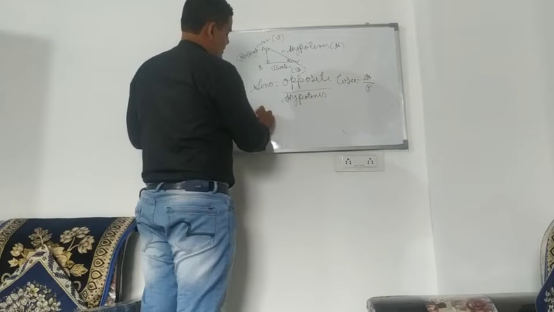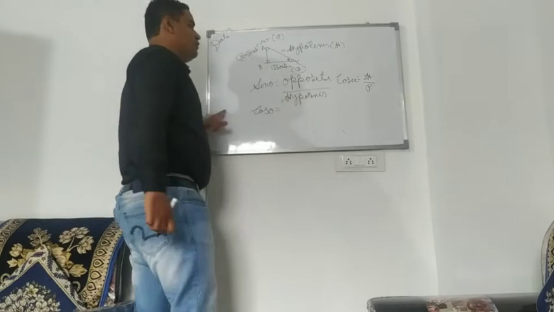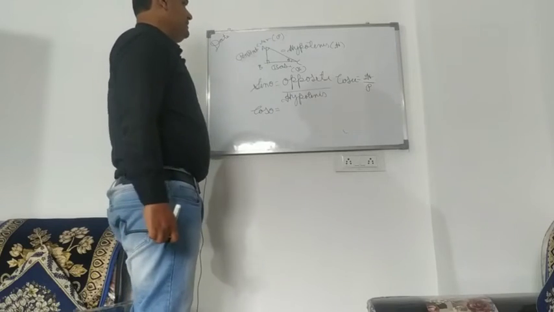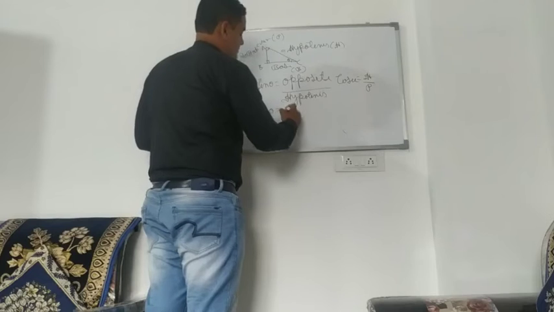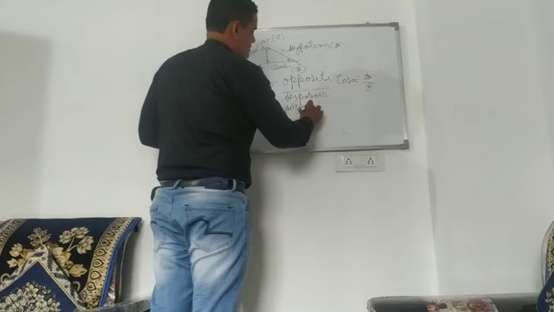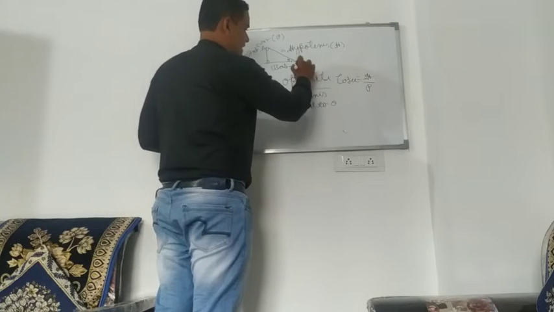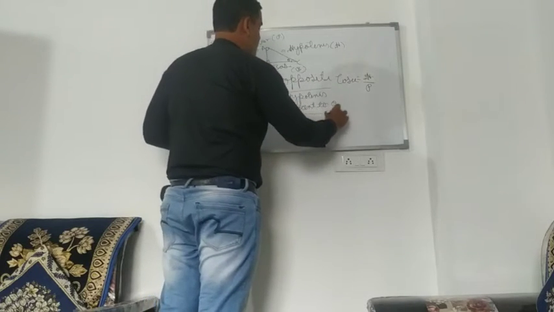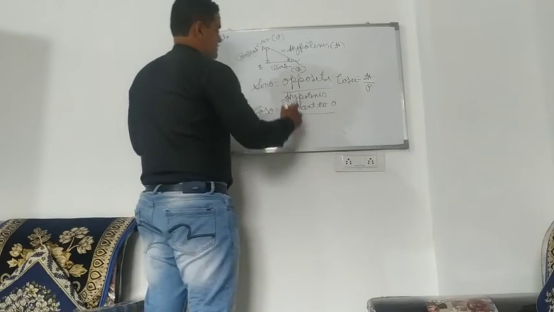Similarly, what is cosine? Cos is the adjacent to the angle theta upon hypotenuse.